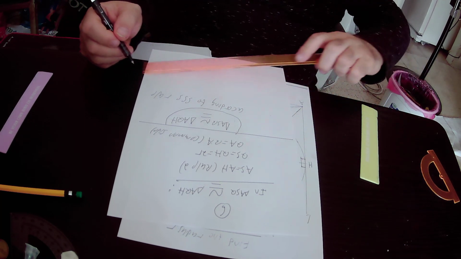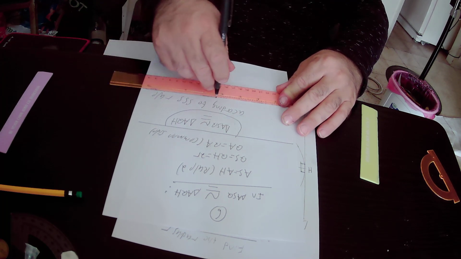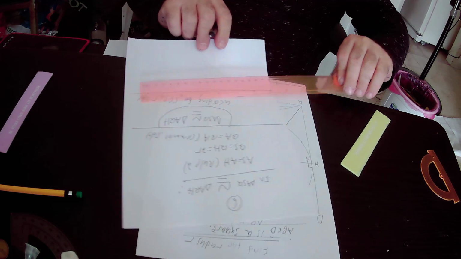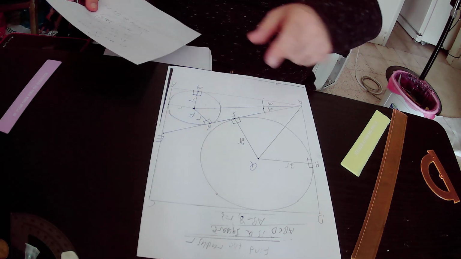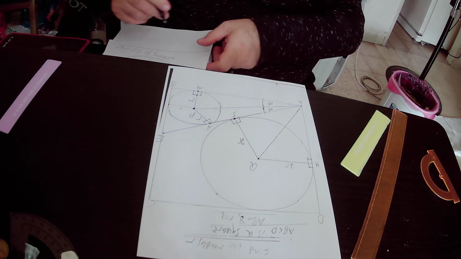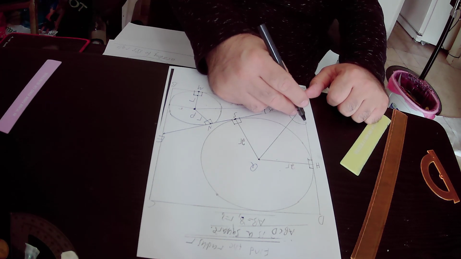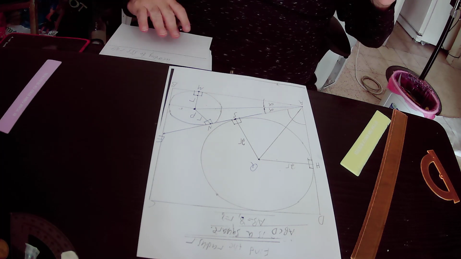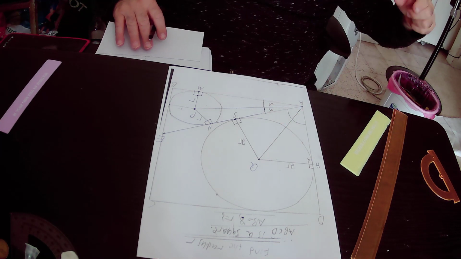Okay, so from the fact that those two triangles can go into each other, we will conclude that those two angles are equal to each other according to the rule that corresponding angles in congruent triangles are equal to each other. Those two right triangles can go into each other.